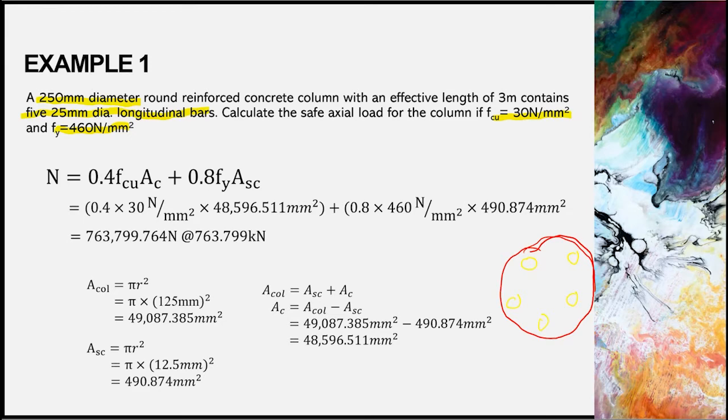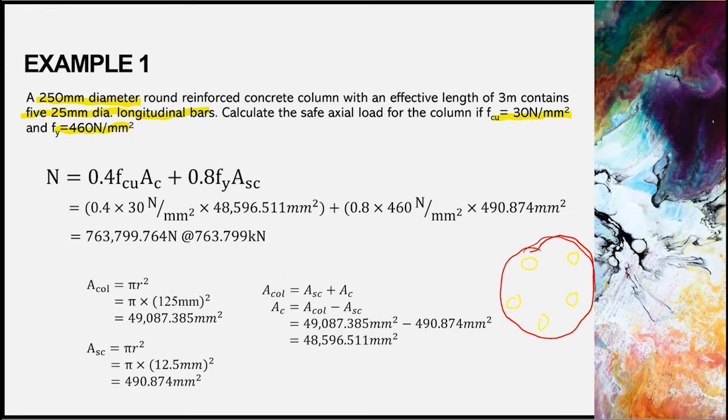So we have to calculate the area of concrete. How to calculate that? We need to calculate the area of column first. Okay, because we know what consists in a column. We have area of steel, we have area of concrete. So we find the area of column and the area of steel. Then we can subtract the area of steel from the area of column, and we get the area of concrete.